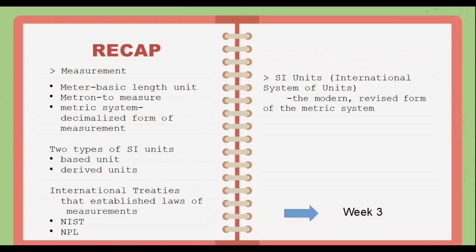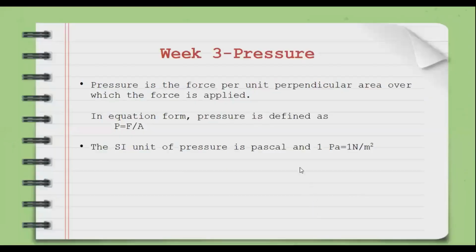So moving on, let's proceed with the discussion of week 3 in your LMS, which covers pressure. Pressure is the force per unit perpendicular area over which the force is applied.